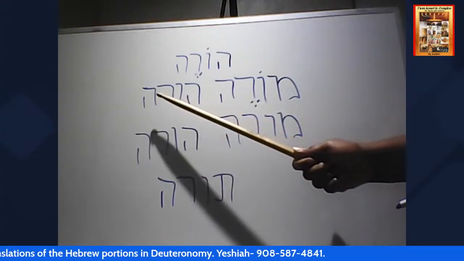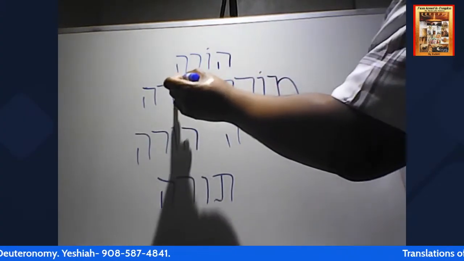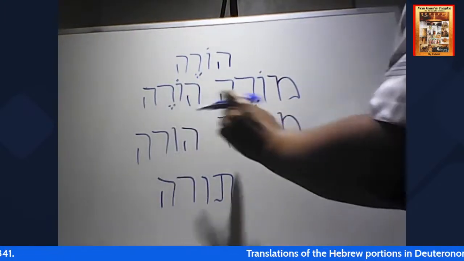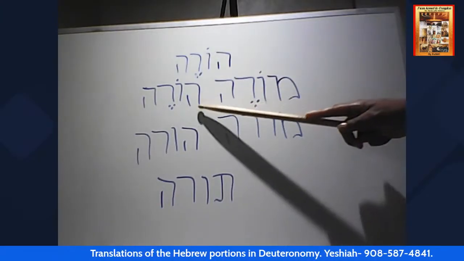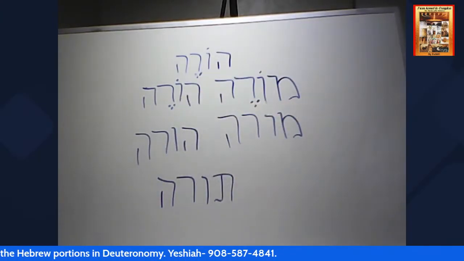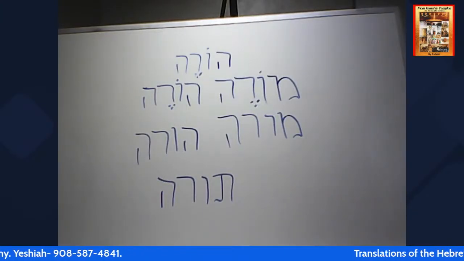Then we have this word here, and we can say it also as hore. Now, in this case, we're not dealing with it as a verb, but as a noun. And this means parent, a male parent. Now, we have this word here. Okay?